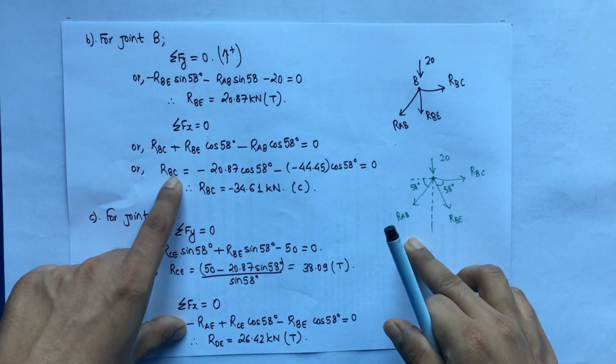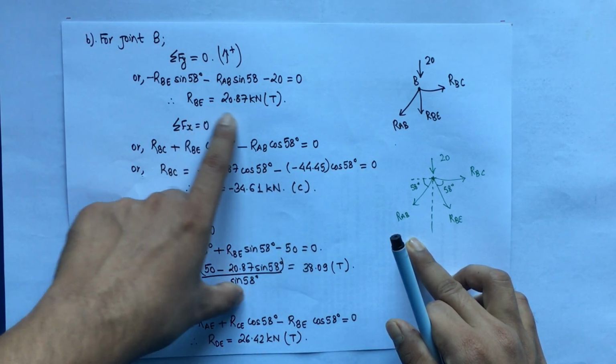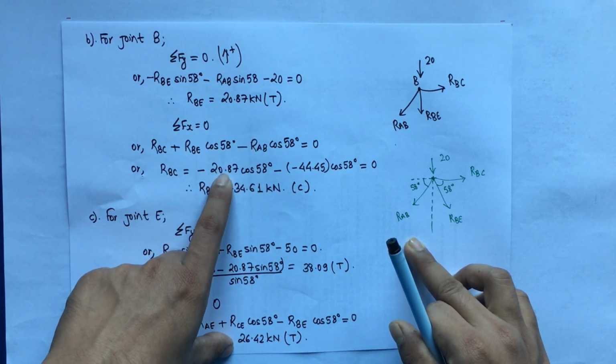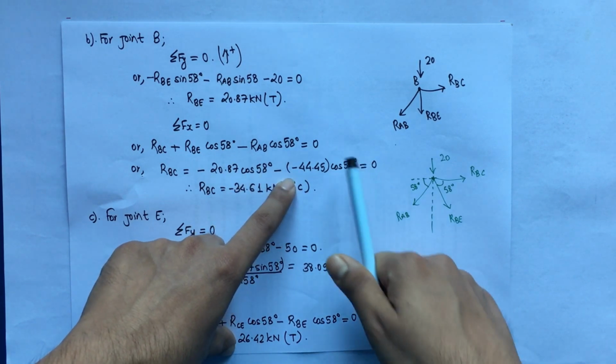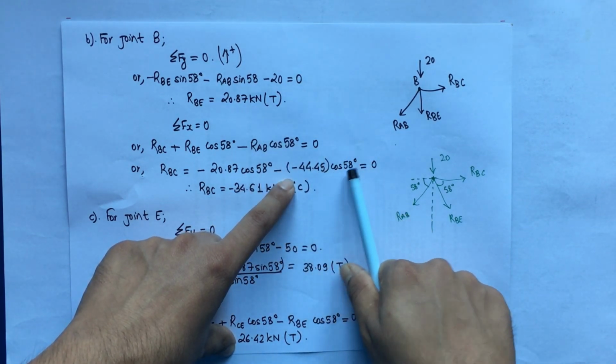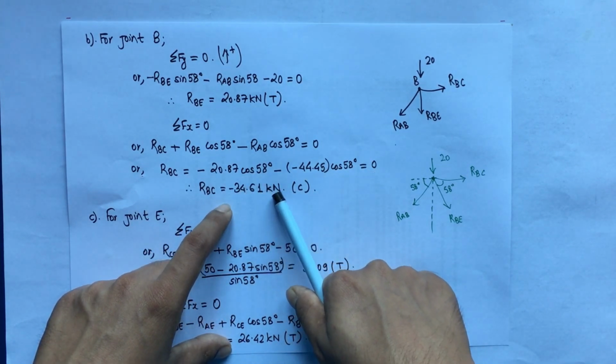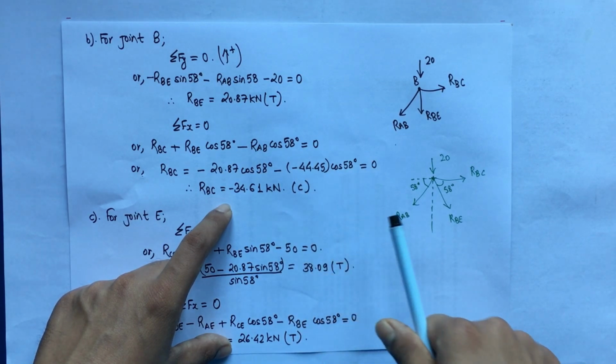Now substitute the value, RBC is equal to, taking this value to the right hand side, RBE is a positive value, so minus 20.87 cos 58 minus, the value of RAB was negative, so minus 44.45 cos 58 degree, and finally we get RBC as 34.61 kilonewton, and this is a compressive type.